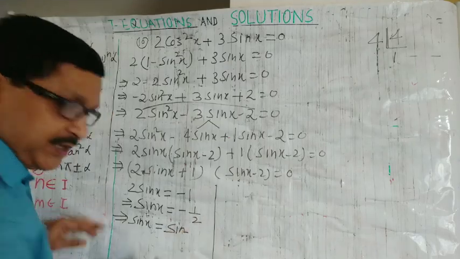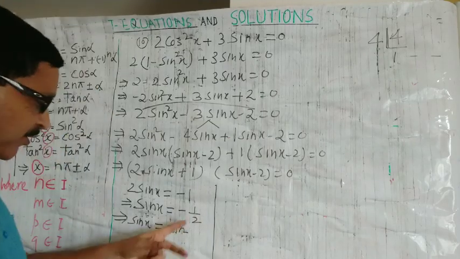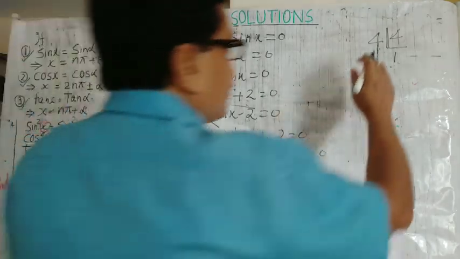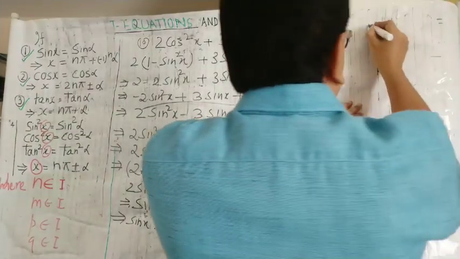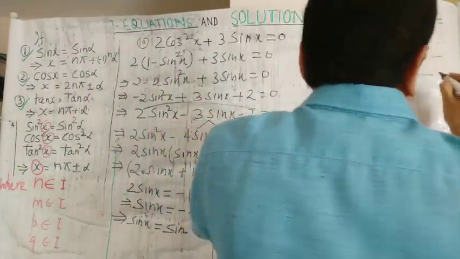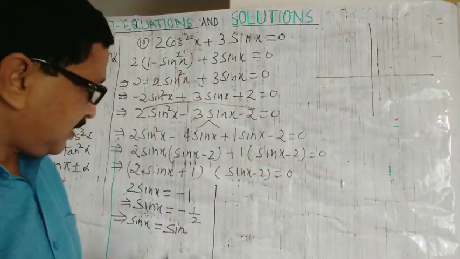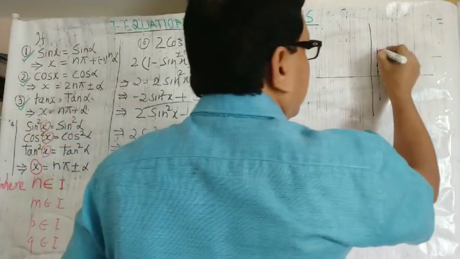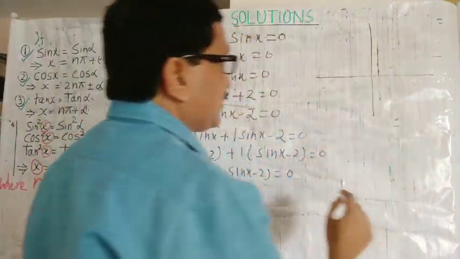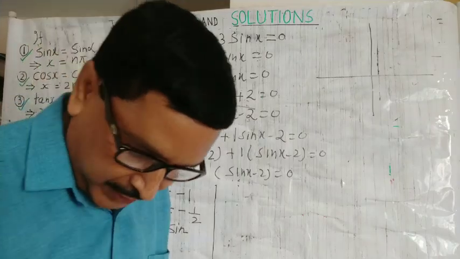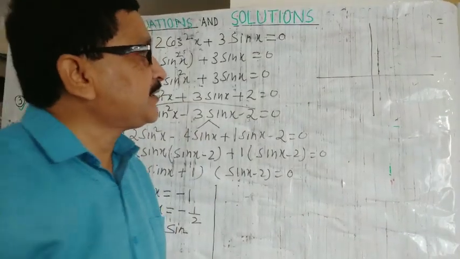Now we have to see in which quadrant this belongs. Minus 1 by 2. See the situation of sine. I taught you earlier. 1 by 2 is sine 30. Sine 30 is 1 by 2, well known to you.